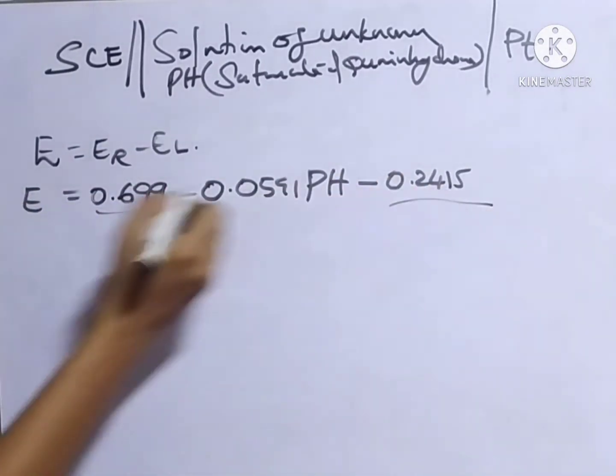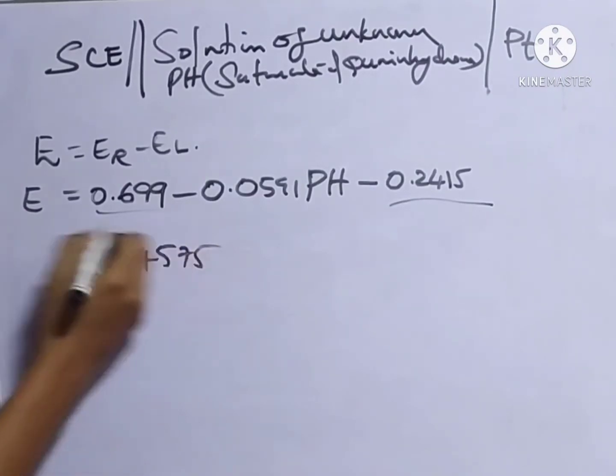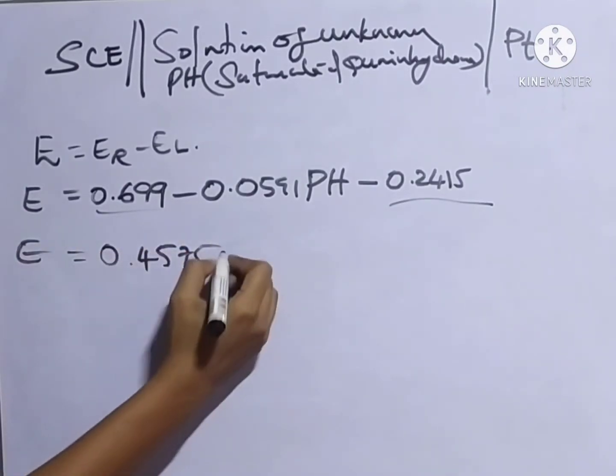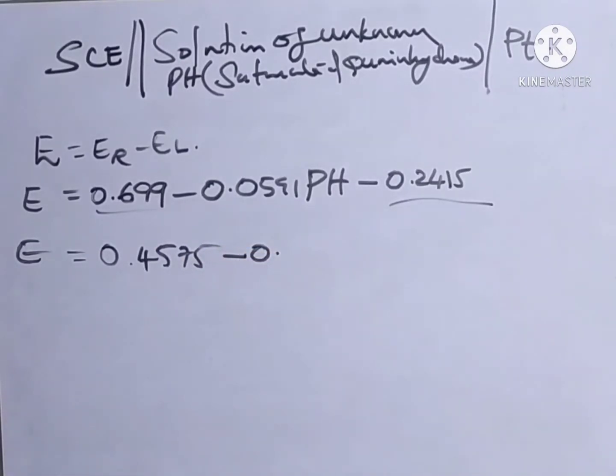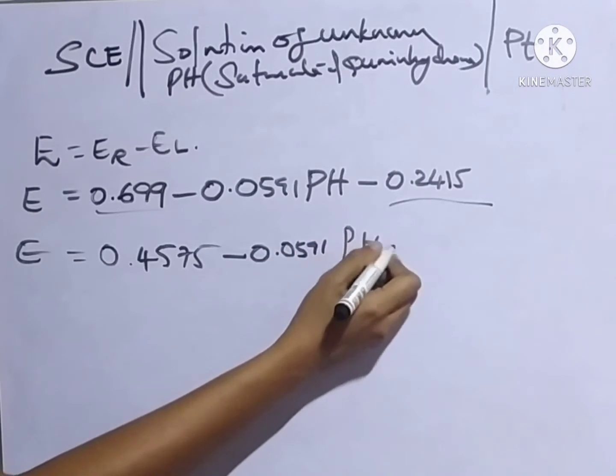This is about 0.4575. E equal to 0.4575 minus 0.0591 pH.